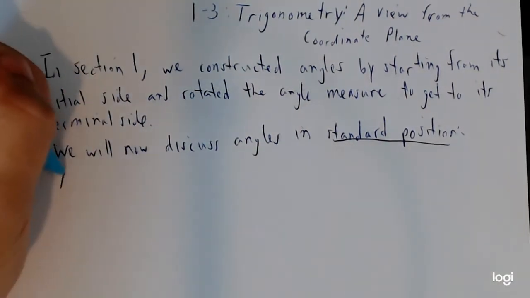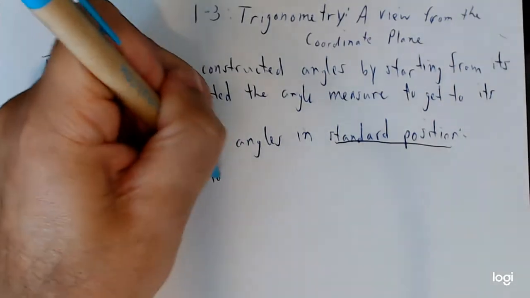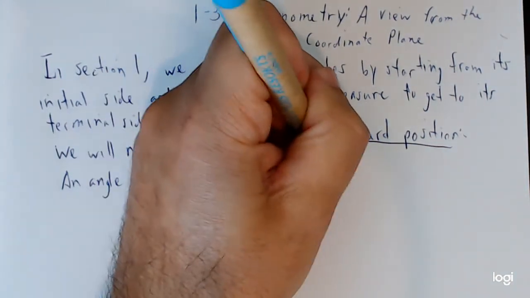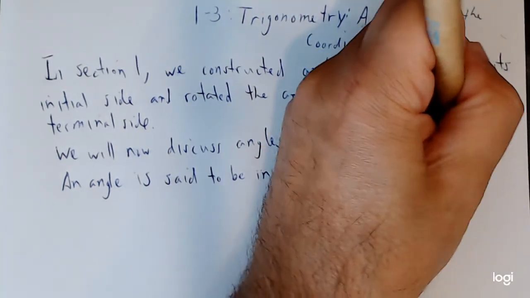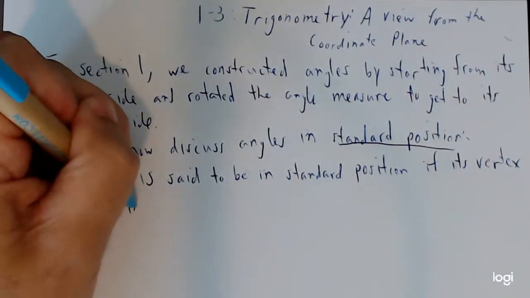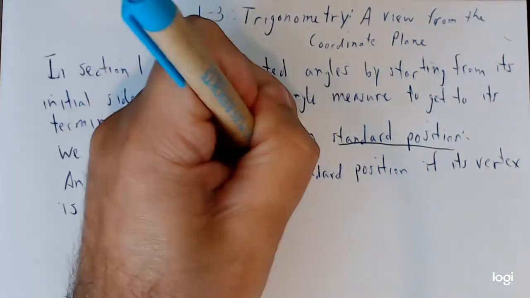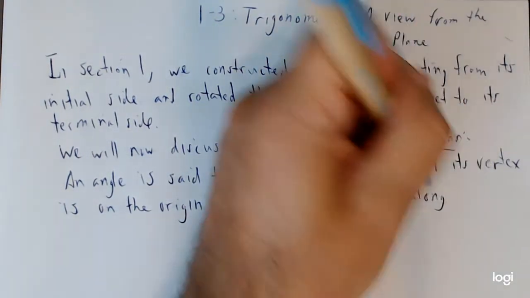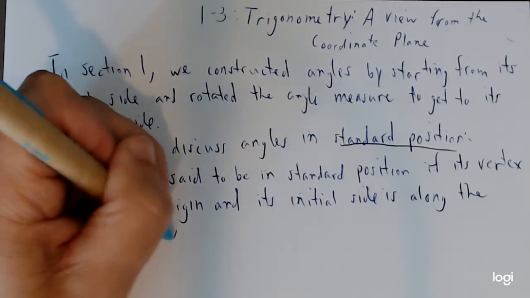We would say that an angle is said to be in standard position if its vertex is on the origin and its initial side is along the positive x-axis.